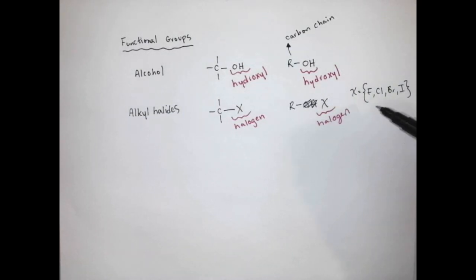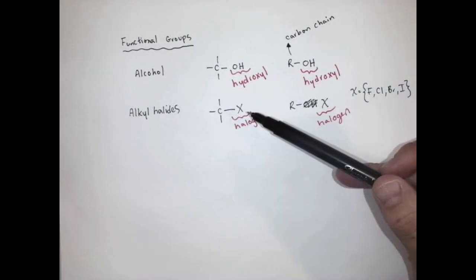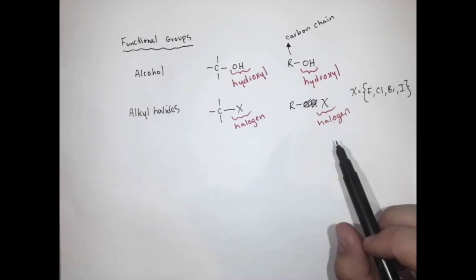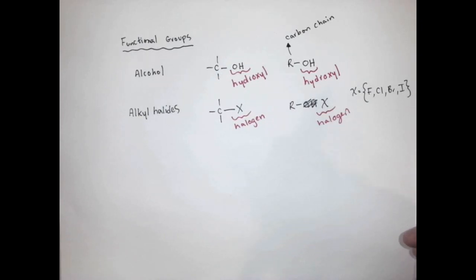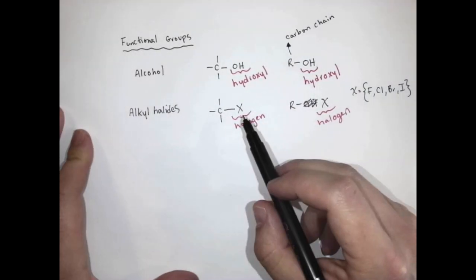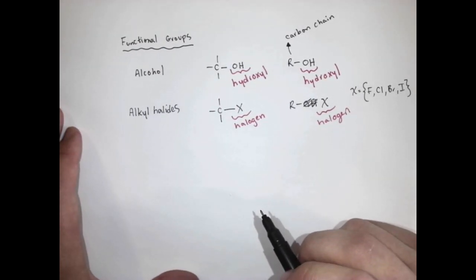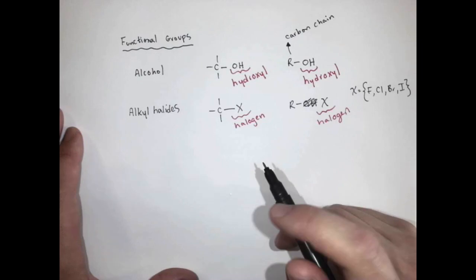What's another one? Chloroform. Chloroform has chlorine bonded to carbons covalently, so that would be another alkyl halide. I'll do a separate video on how to name alkyl halides. Anyway, that's an alkyl halide. It adds a little bit of reactivity to an otherwise stable molecule if it was just carbons and hydrogens.